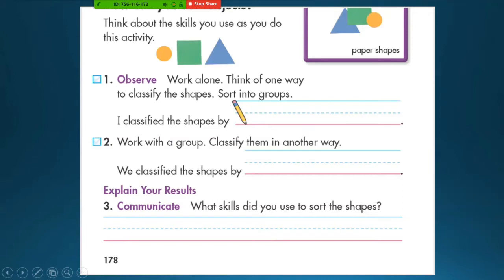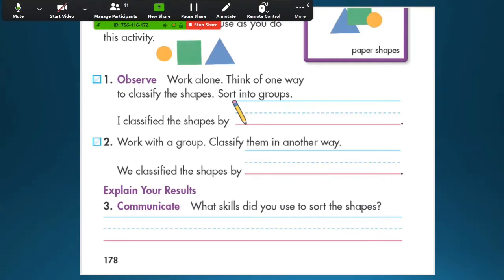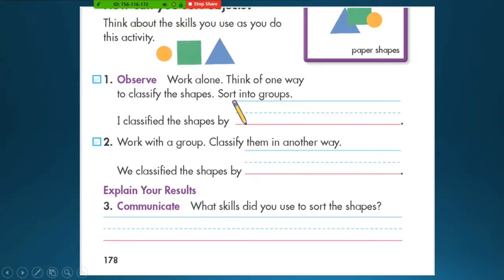If we classify them according to color, we put yellow alone, don't care about the shapes, green alone and blue alone. If we classify them according to size, we put the small objects alone and the large objects alone.